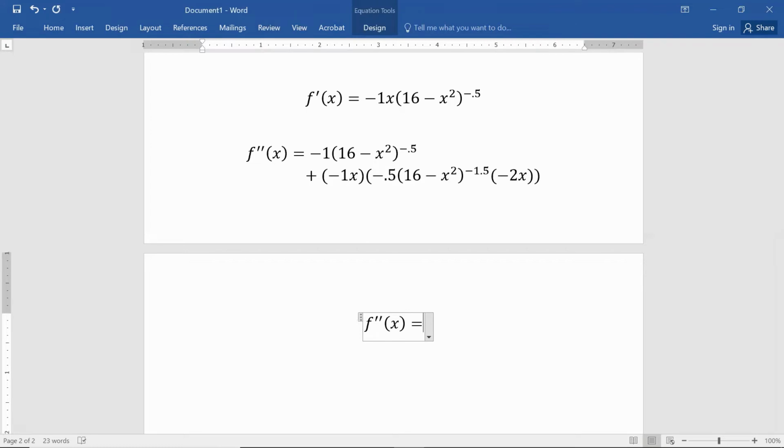That means the second derivative would have been minus 1, 16 minus x squared to the negative 0.5, plus, if I take negative 1x times negative 0.5 times negative 2x, I get negative 1x squared multiplied by 16 minus x squared to the negative 1.5 power.